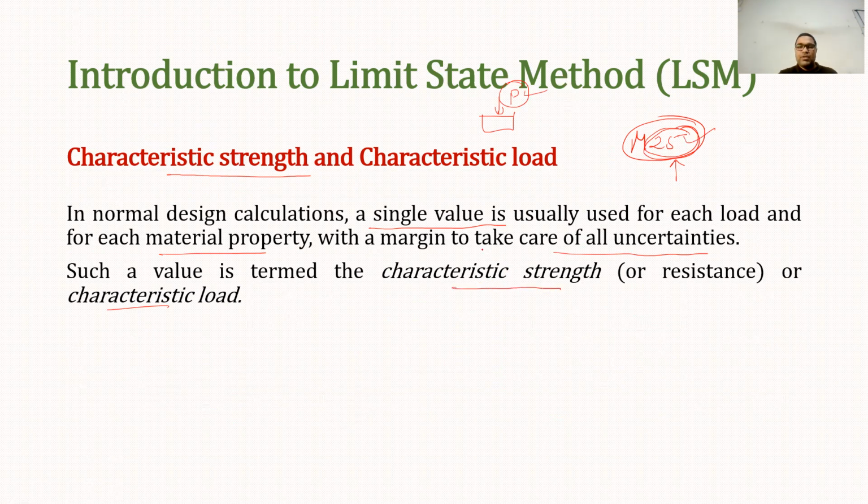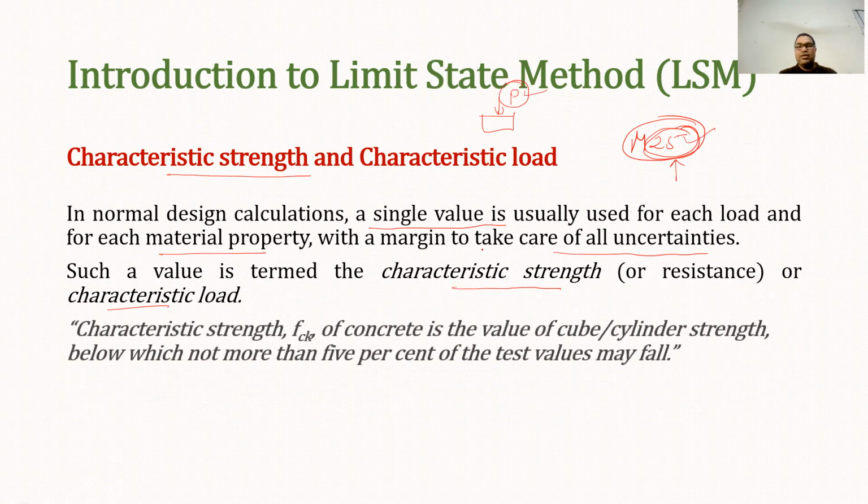Now, first we will see what we understand by characteristic strength. As per IS code, characteristic strength of concrete is the value of cube strength below which not more than 5% of the test values may fall. What does it mean? I will take an example.